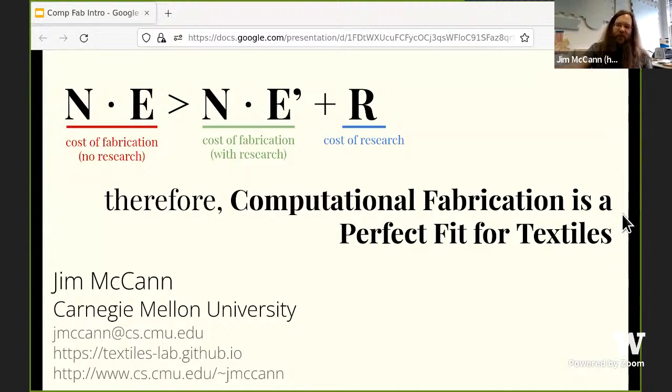So to wrap up my motivation, I think that in textiles, N is big, the change from E to delta E is big, or the change from E to E prime is big, and therefore this inequality holds. So computational fabrication is a perfect fit for textiles.